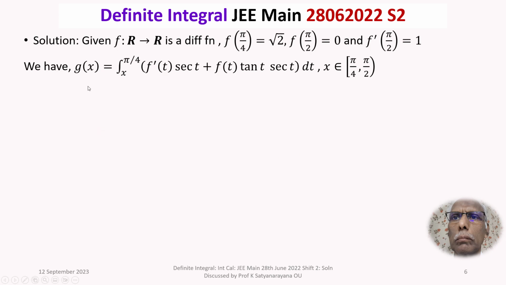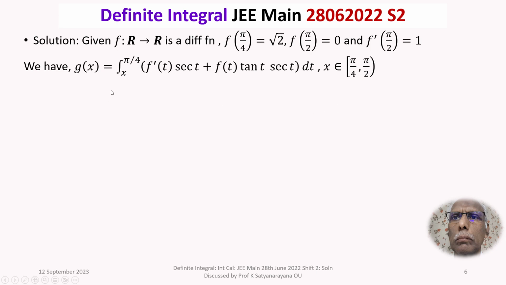And g of x is defined as the integral from x to pi by 4 of, the integrand is f prime t secant t plus f of t tan t secant t with respect to t, where x belongs to the semi-closed interval pi by 4 to pi by 2, like this.